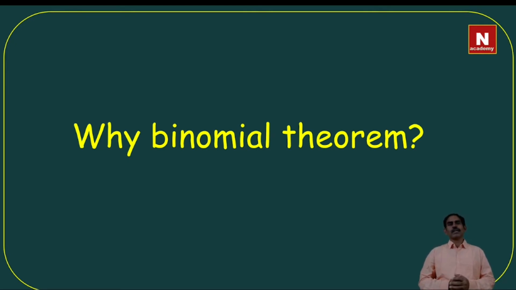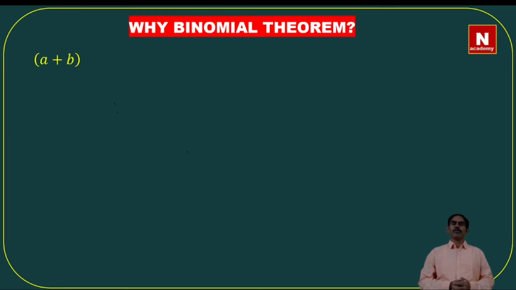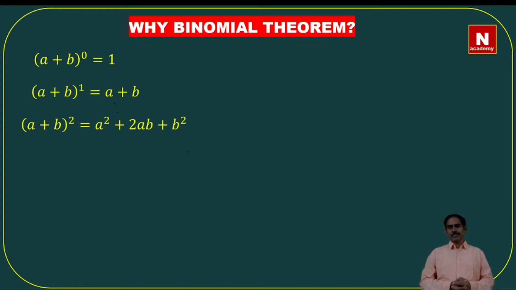You know the binomial expansions, our well-known binomial expansions: (a plus b) whole square, (a plus b) whole cube. You know all the formulas already. My question is why binomial theorem? Observe the expansions, left hand side. (a plus b) power 0 is 1, (a plus b) power 1 is a plus b. Next, (a plus b) whole square equals a square plus 2ab plus b square.